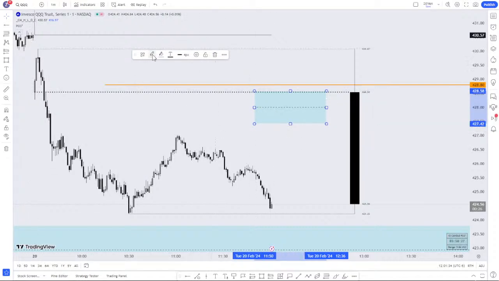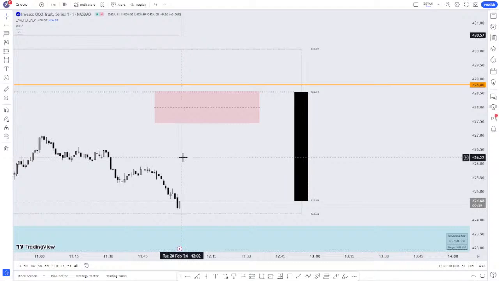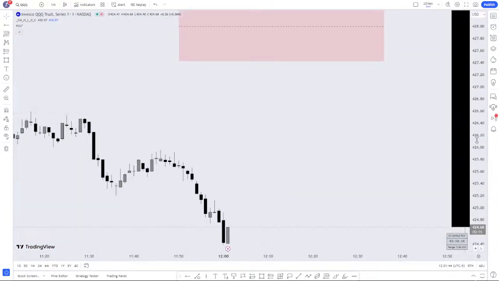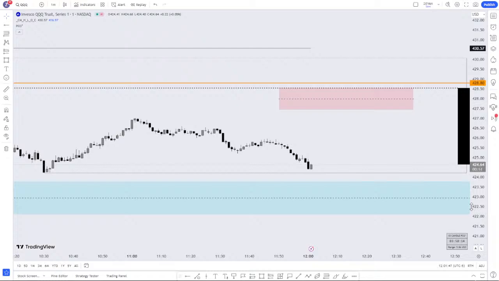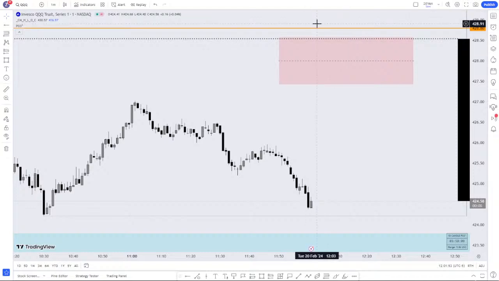So you see red. As long as we are staying below this point, I'm not looking to go long, obviously. And if we move up to this point, then nobody can.